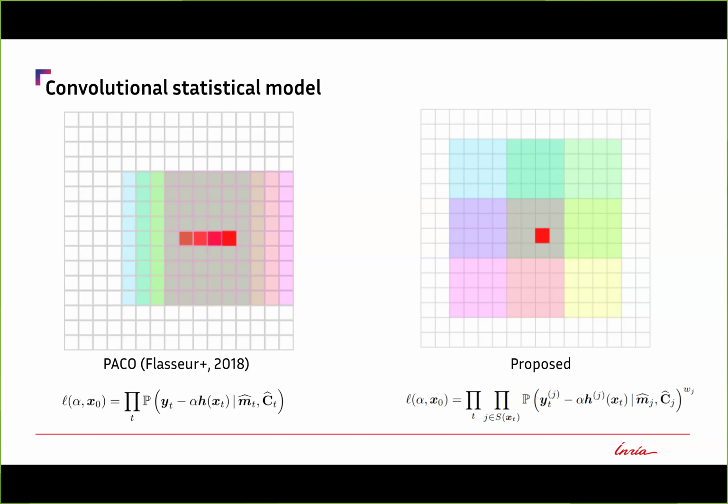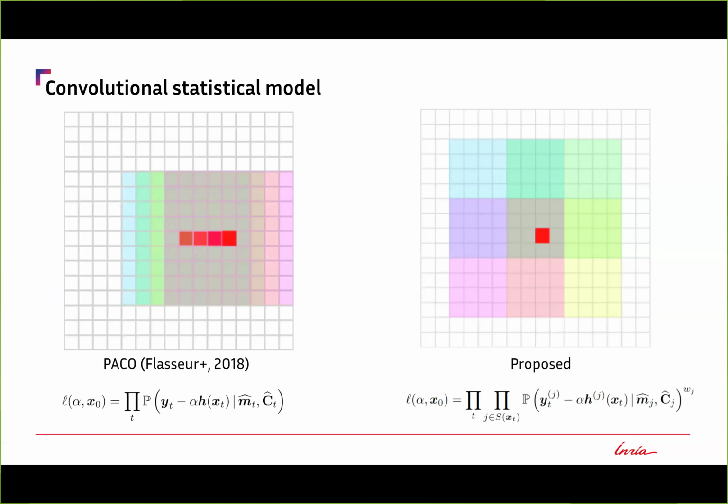So if the model is too complex, it won't fit into memory, and you won't be able to run the neural network at all. So it's important to have an efficient way of modeling the data. That is the first improvement over PACO: the model is convolutional.